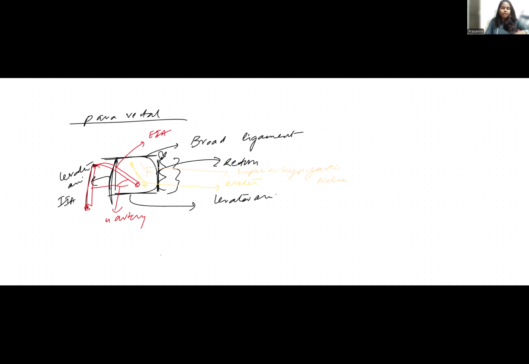So they'll ask you what the relations are. Anteriorly, the cardinal ligament separates it, and posteriorly the rectal septum. There are two approaches for entering the pararectal space.